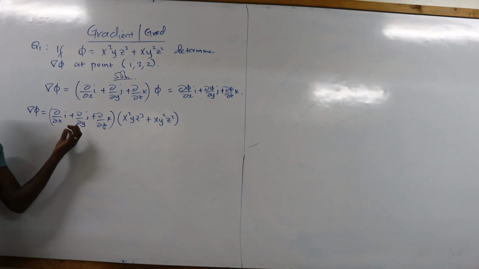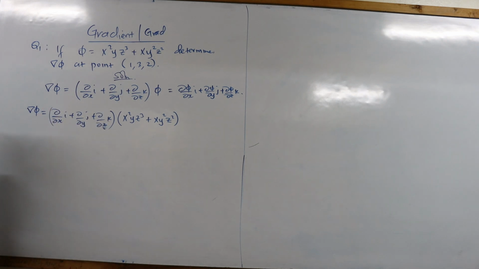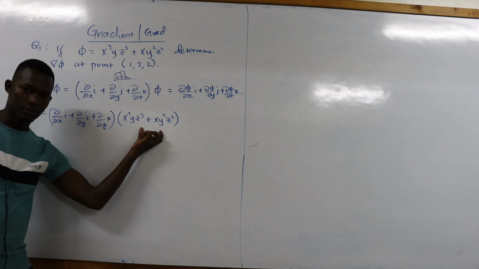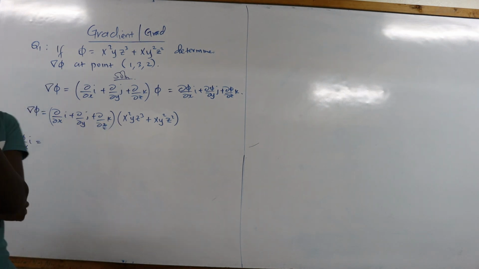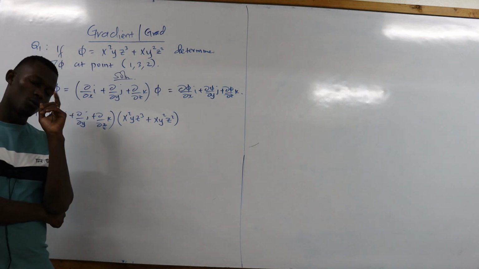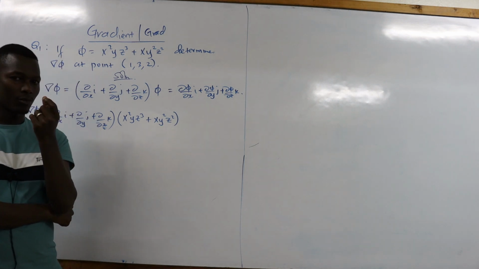So what do we do from this point? This is what we are going to do. We now take d phi and split it into particular elements as we differentiate. It is the partial derivative of this function with respect to x. So we are saying differentiate the function where we only have the x variable.